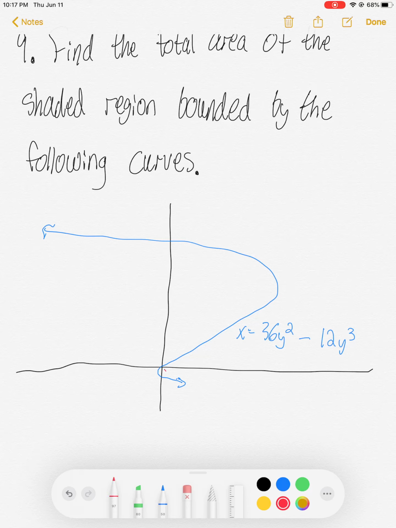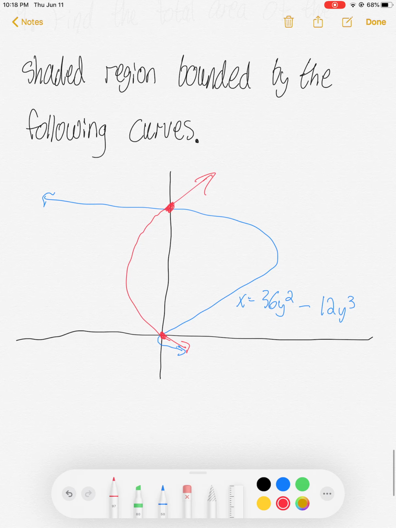Okay, so this is the first function, and I'm quite proud of that. It's quite a good drawing. These are pretty precise drawings. I'm going to label them because this is what's given on the screen. x equals 36y squared minus 12y cubed. The other function then looks like this.